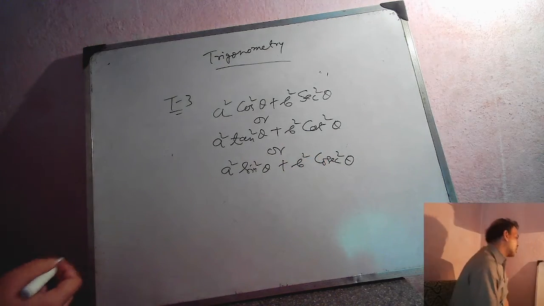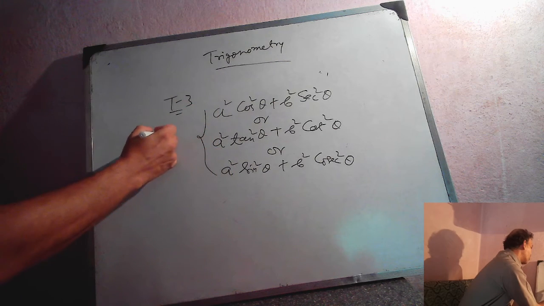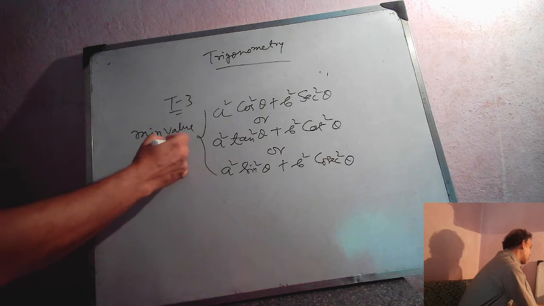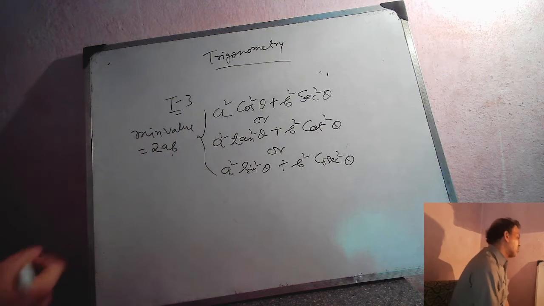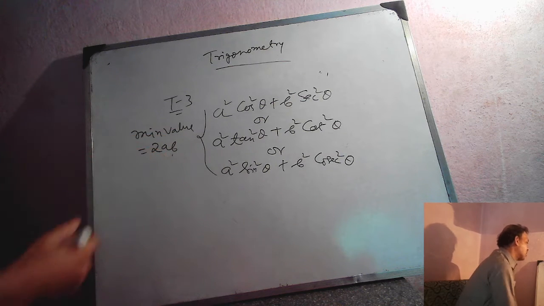In each case, the minimum value will be equal to twice ab. For each of the 3 cases, the minimum value will be twice ab.